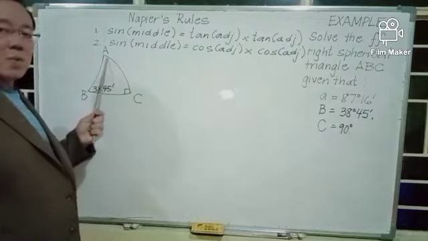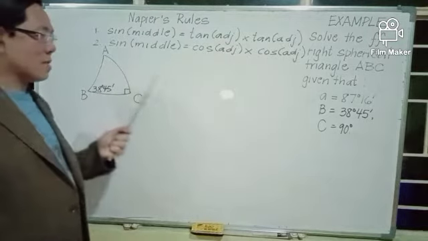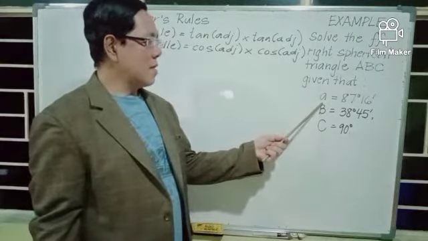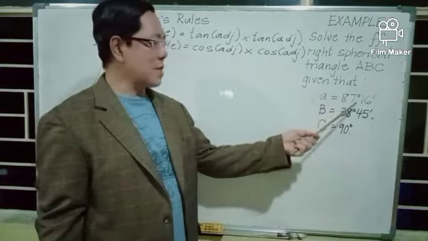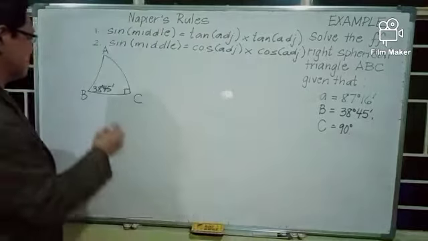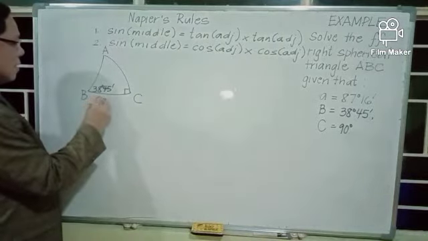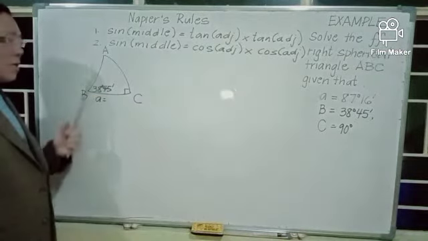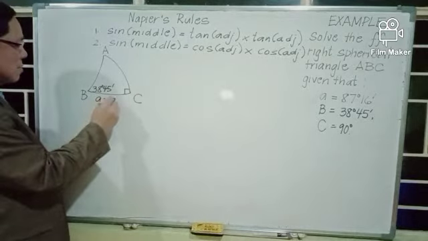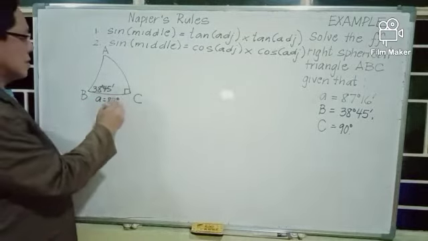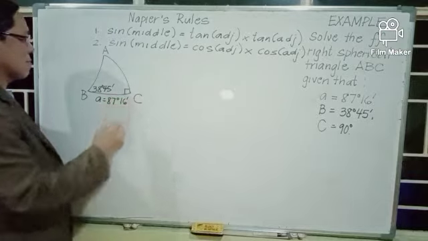The side opposite the surface angle A is given, and it measures small a, 87 degrees 16 minutes. Small a, the side opposite angle A, is 87 degrees 16 minutes.